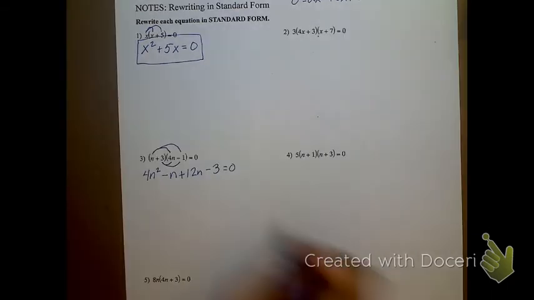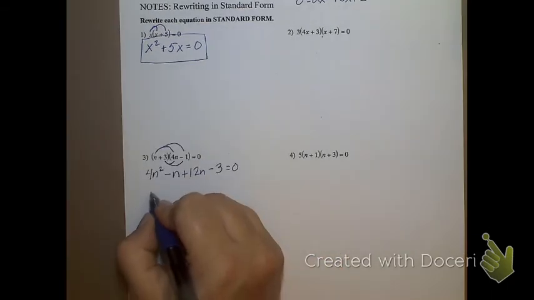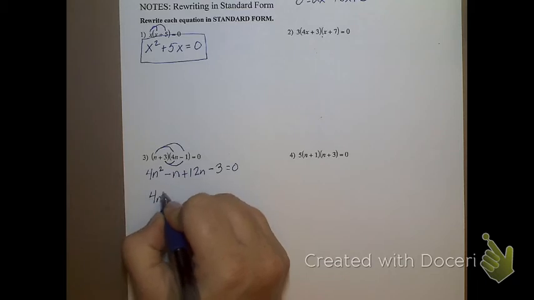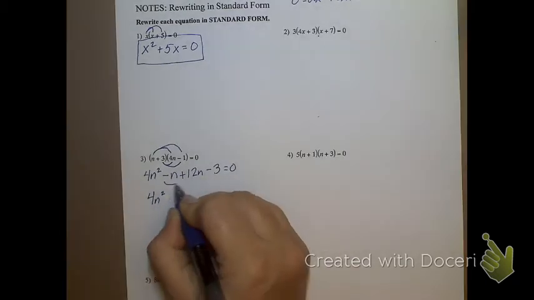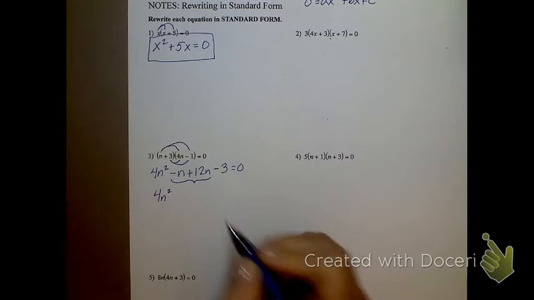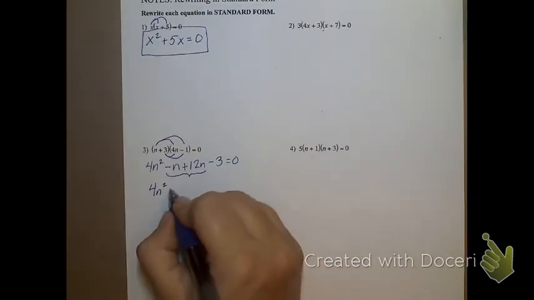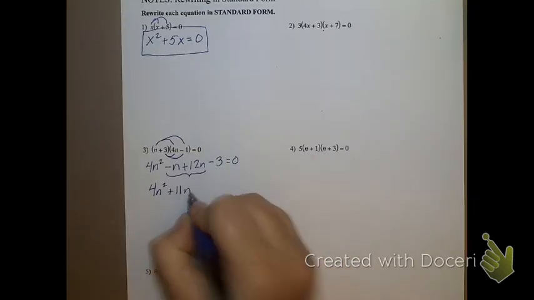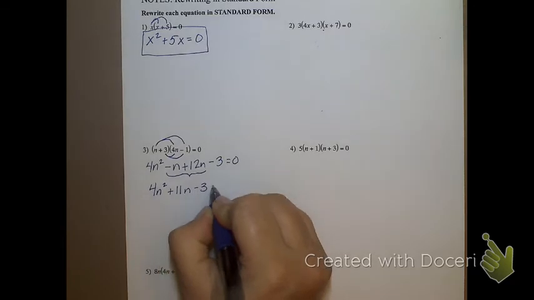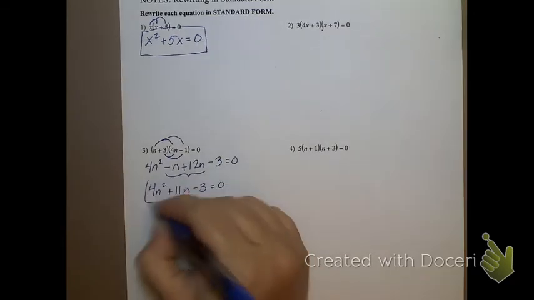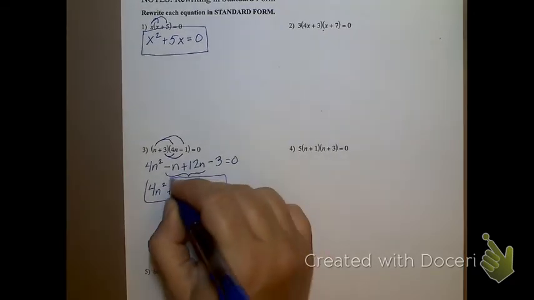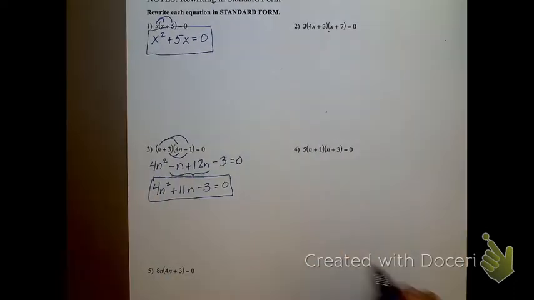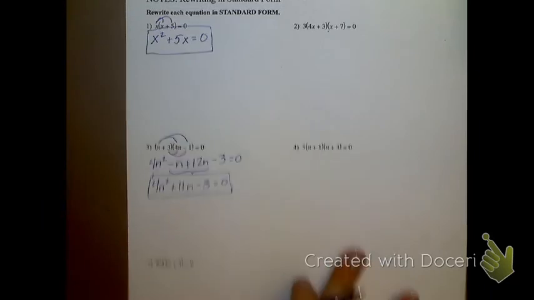Let's see, what do I need to write first for standard form? 4n squared. Next, I'm going to have to combine these like terms, yes? So what does that give me? 11n minus 3. That's it? Terribly difficult, huh?